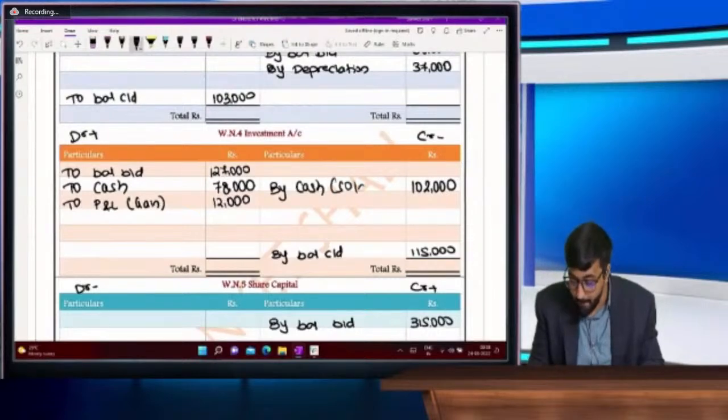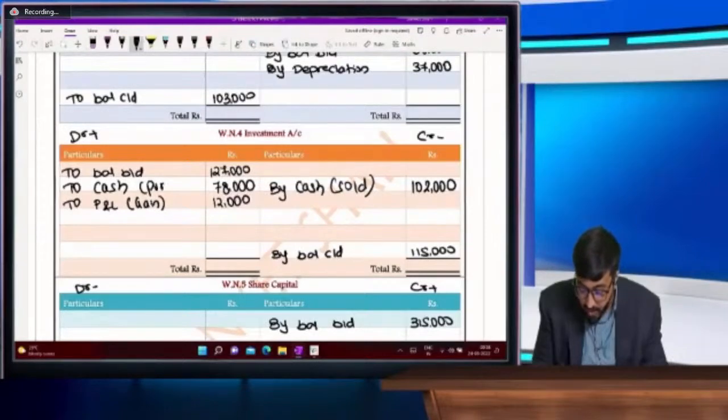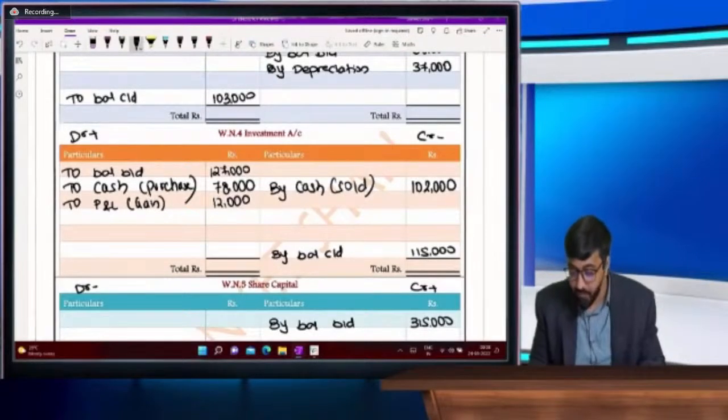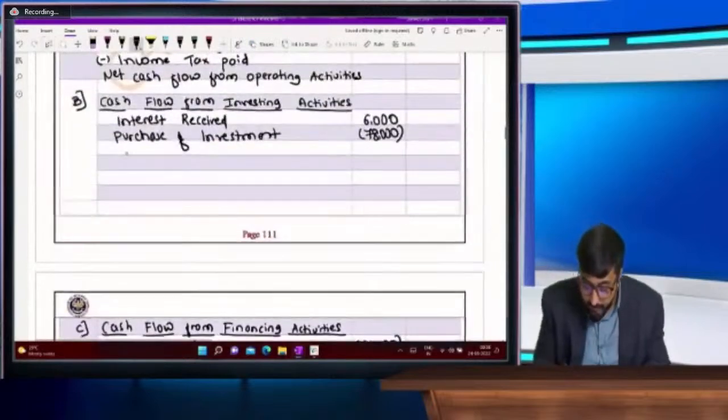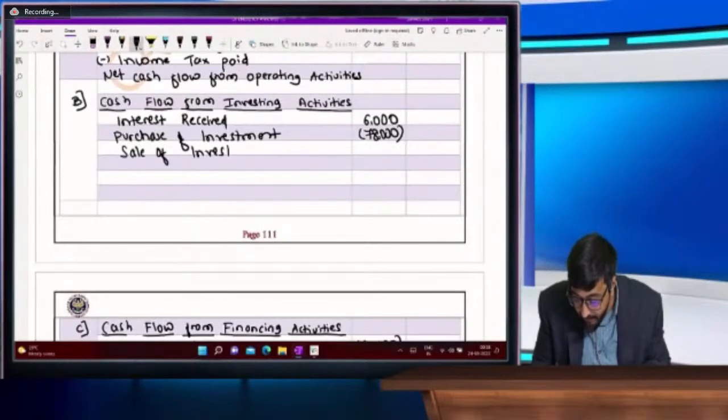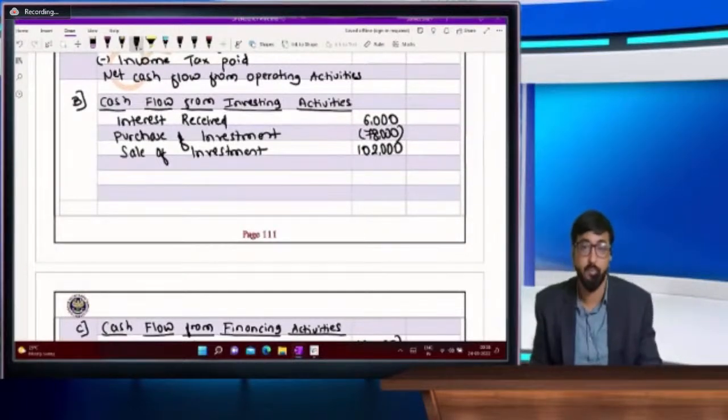Sold. Here to cash means purchase. So investing activity inflow. Investing activity, sale of investment 1,02,000 over.